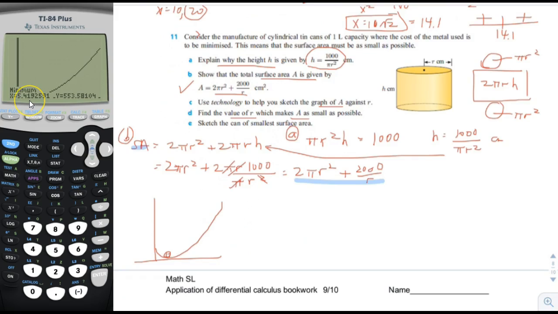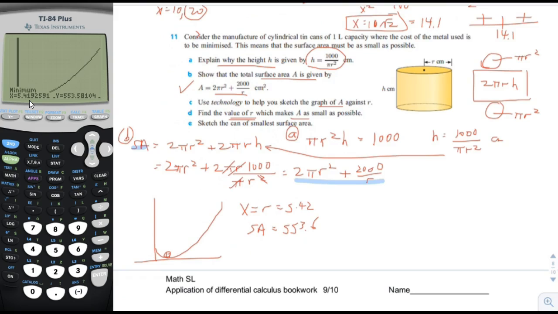And so the minimum is 5.42. So the x, or the r, is equal to 5.42. And the y, which is the surface area, is going to be equal to 553.6. Okay, so we found the value of r which makes A as small as possible.